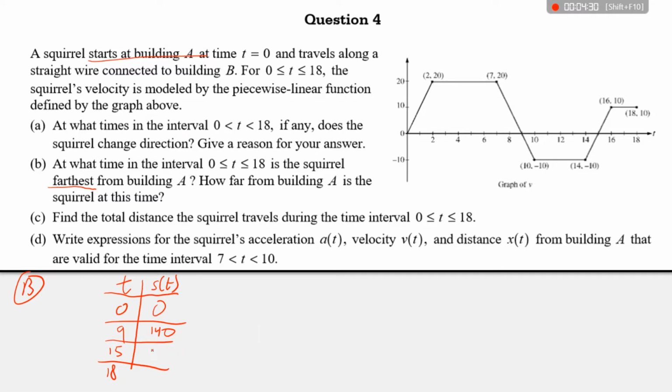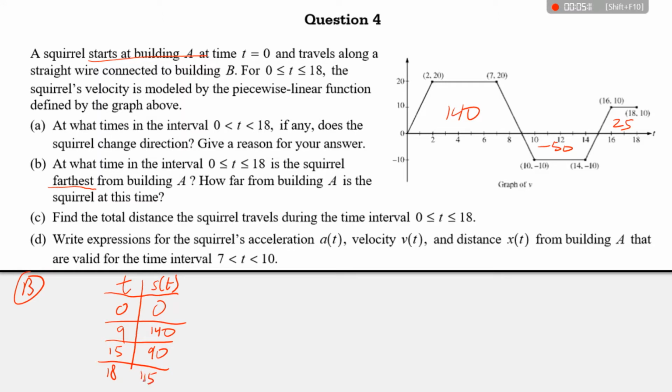Okay, we're good so far. 140, and this was minus 50. 15 to 18 is 3 plus 2, 5 times 10, 50, 25. So what's the displacement? 115. There we go, 115.